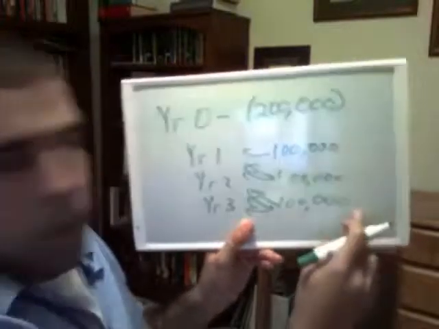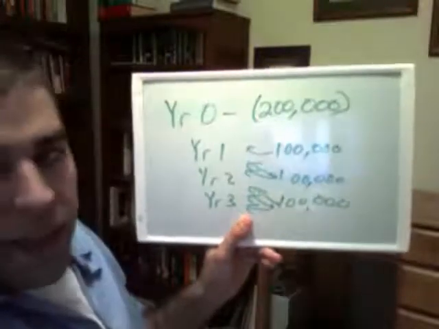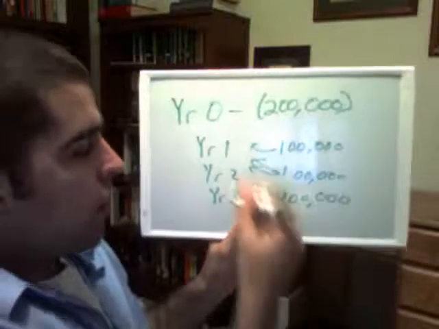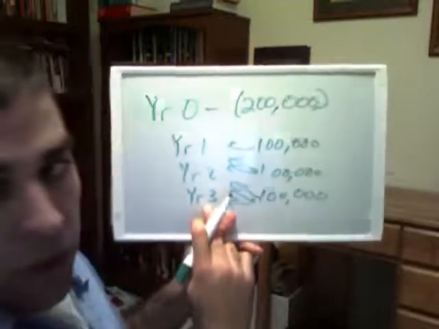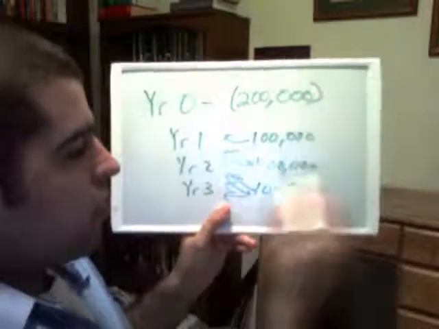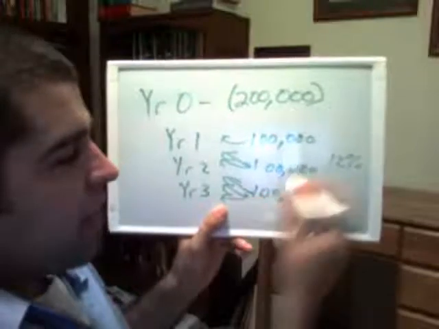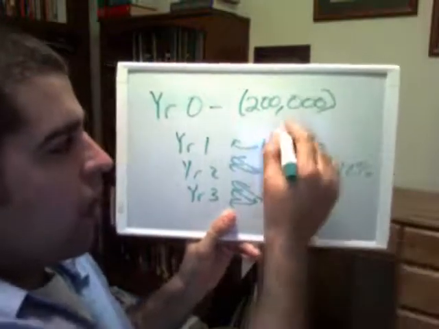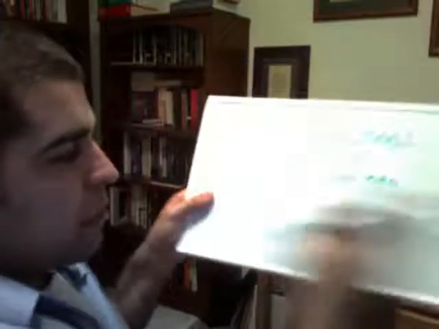Since this is a steady stream of payments called an annuity, you can actually look up in the table and say, well, if there are 3 different payments, and for period 3, that would be n equals 3, and you have the interest rate, which was at 12%. What would 100,000 be worth? What's the factor that I need to times this by in order to get what the present value of these different payments would be?